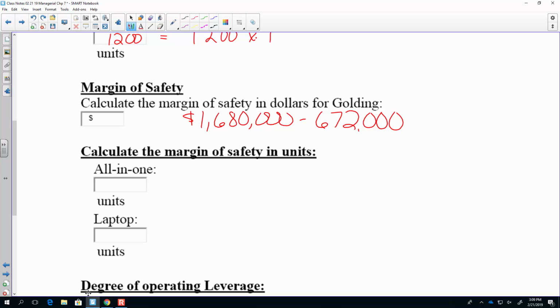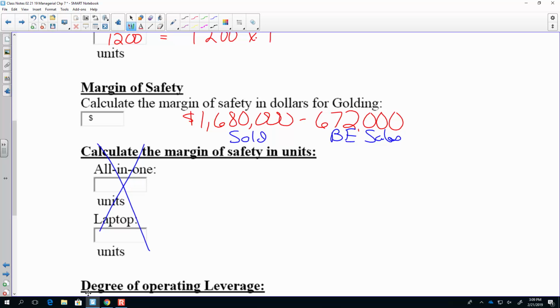So this is what we sold, or what the author said they want to sell, and this is our break-even sales, and that's how we get the margin of safety.